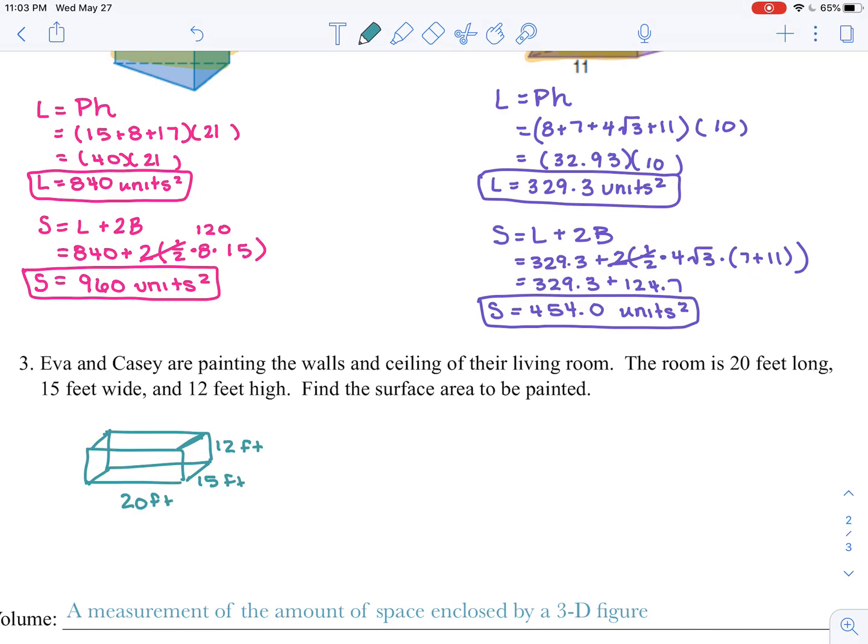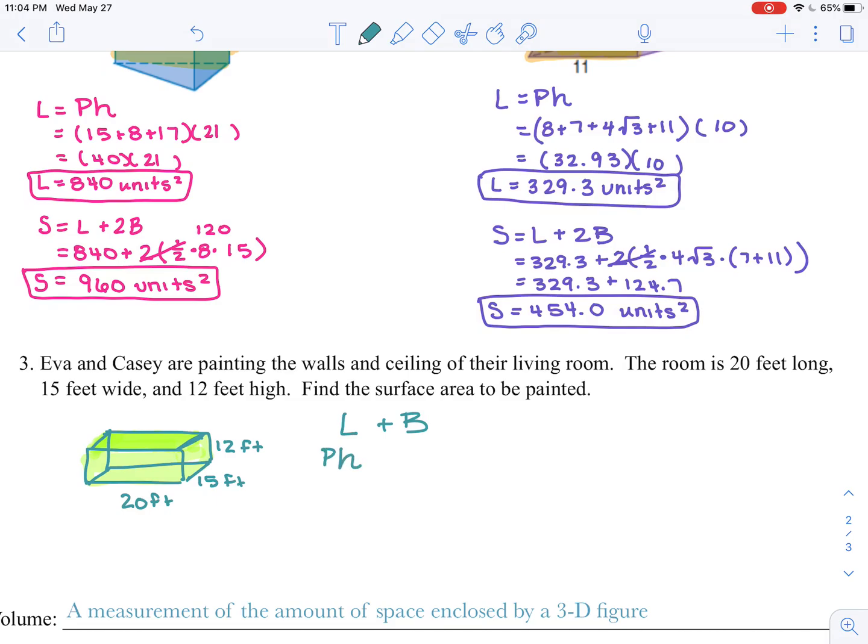So in order to figure out how much surface needs to be painted, we're going to start by calculating the lateral area. So in the context of this question, the lateral area would tell me the total area for the 4 walls of the room. Okay, but then I also have to paint the ceiling. So in order to add on our ceiling at the end, we're going to then add on only one base, the top, the ceiling of the picture.